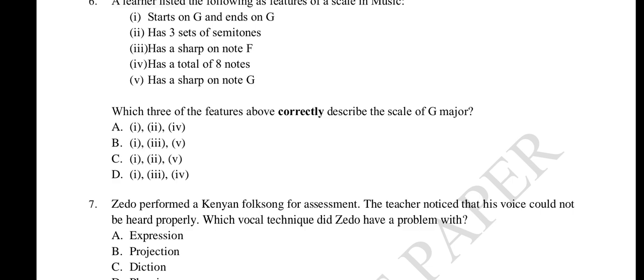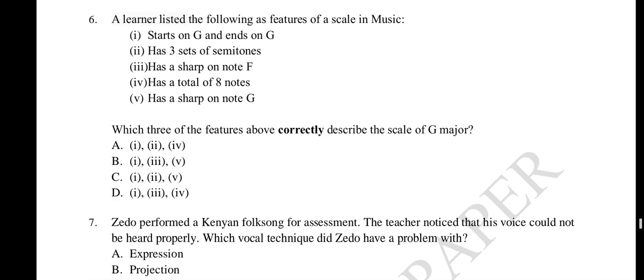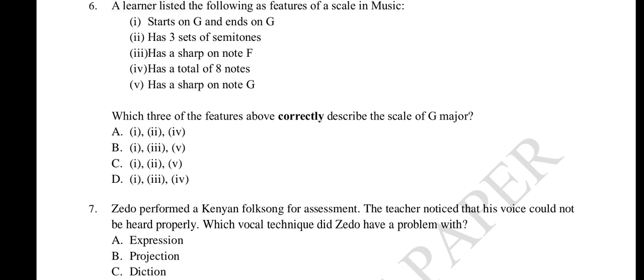G major starts with G and ends with G. That is 1. We don't have 3 sets of semitones. It is tone, tone, semitone, tone, tone, tone, semitone, 2. So we omit number 2.